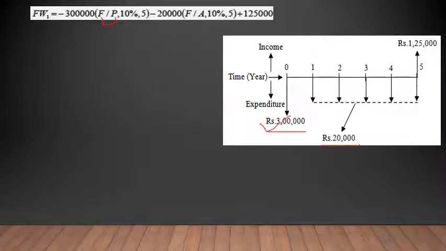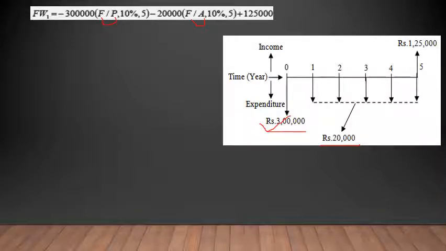Next we will come to this 20,000. This 20,000, I know that this is annual worth A. A has to be converted into F using the factor F by A, at I is equal to 10% and for N is equal to 5, because there are 5 cash flows, 5 payments.